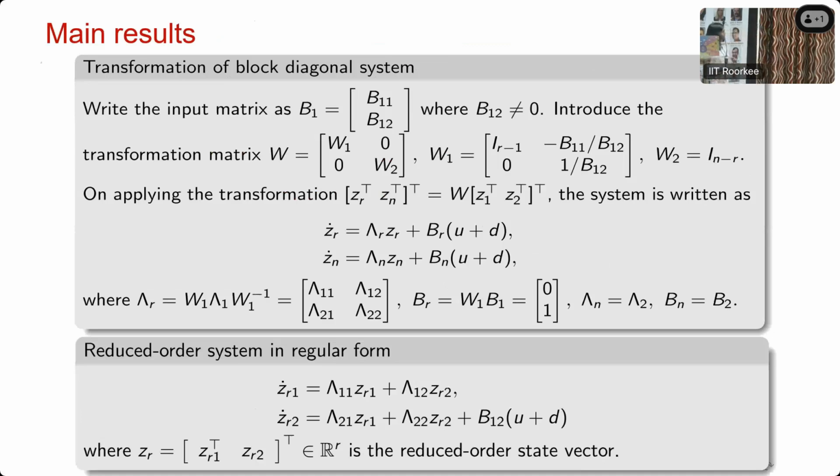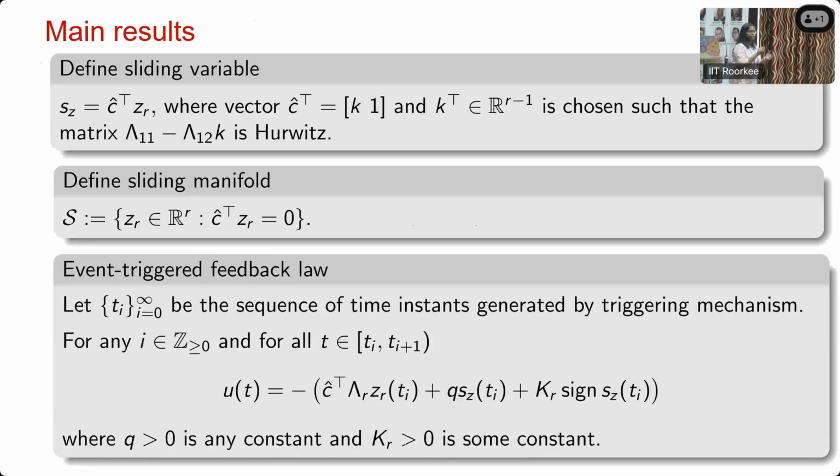After we obtain this regular form, we have proposed the sliding variable using the state of the reduced order system. Here SZ is found using the state of the reduced order system, ZR, in the regular form. Just to remind, initially we had X, then we transformed it into Z, which had two components, Z1 and Z2.